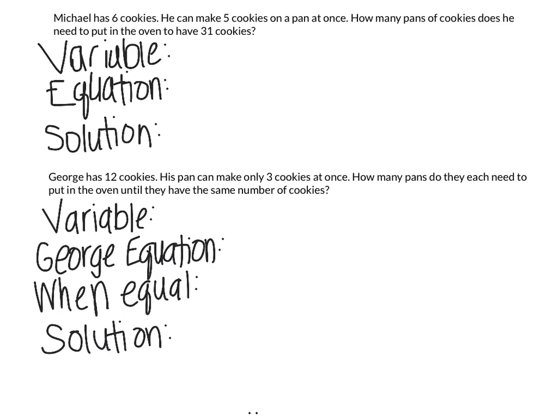So you will once again have that variable and what it means, write an equation to represent the number of cookies George has here, write the equations when they're equal for George and Michael, and then the solution to the problem. So you can pause the video, solve on your own, then play the video again to check your answers.